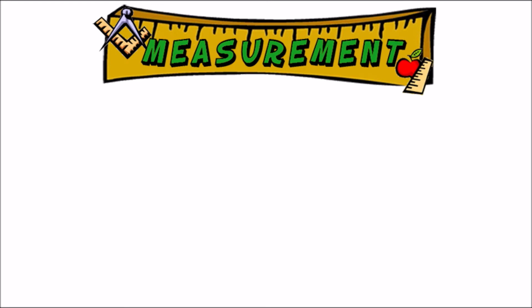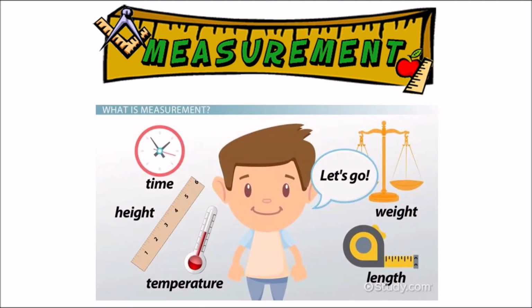Okay, grade twos. Today we are going to learn about measurement. Now, what is measurement? Can you remember from your booklets? So there are lots of things that we can measure.